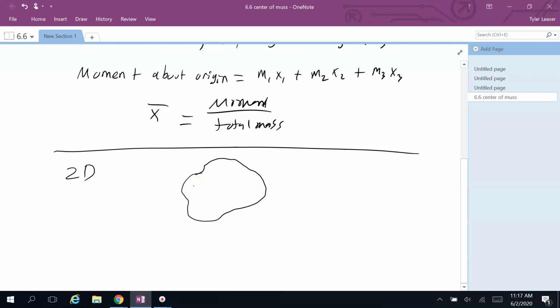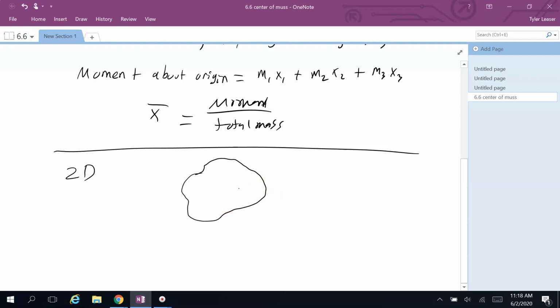But we are going to need it to be a density that is constant along either the x-axis or the y-axis. So maybe it's some kind of glass that gets thicker and thicker as we move along the x-axis, but does not get thicker as we move along the y-axis.